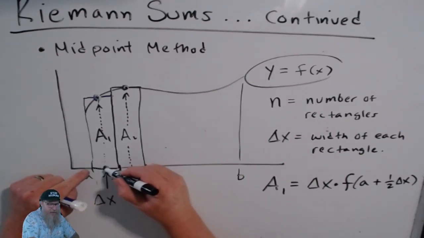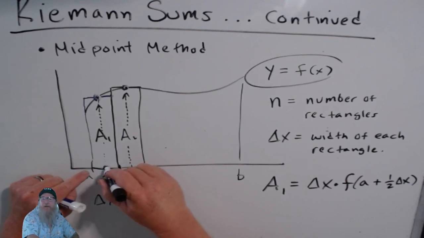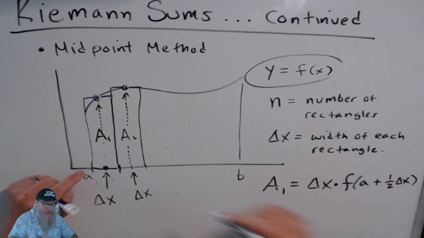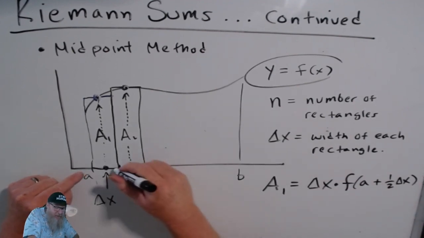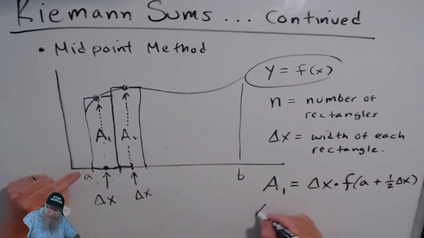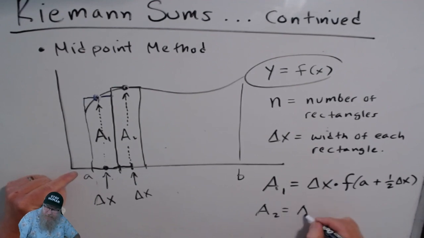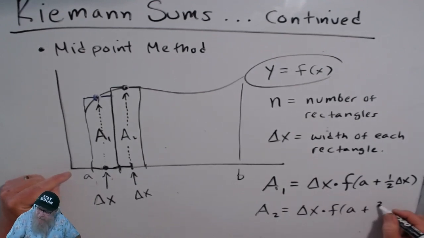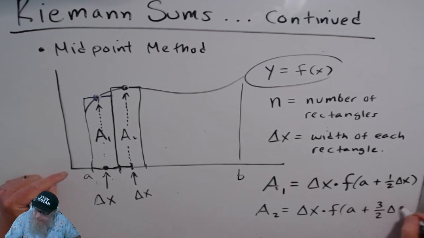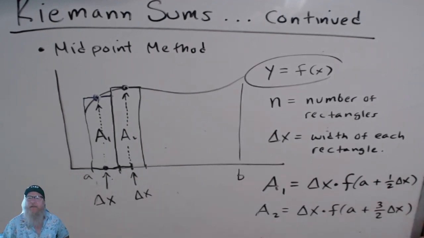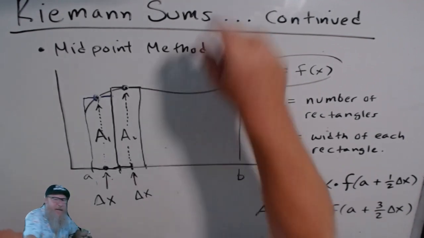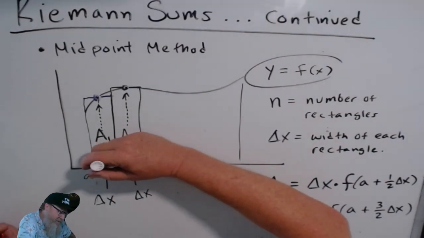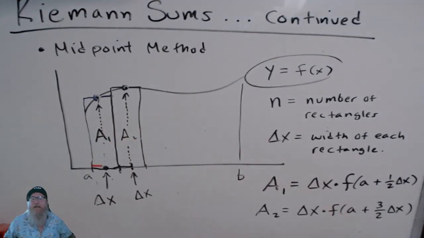Now think about this for a minute. To get to the middle of the first rectangle, you add half of a delta x. So to get to the middle of the next one, you add 3/2 of delta x. You see that? I don't know if it's clear by the diagram, but this is a half. That's half of delta x.